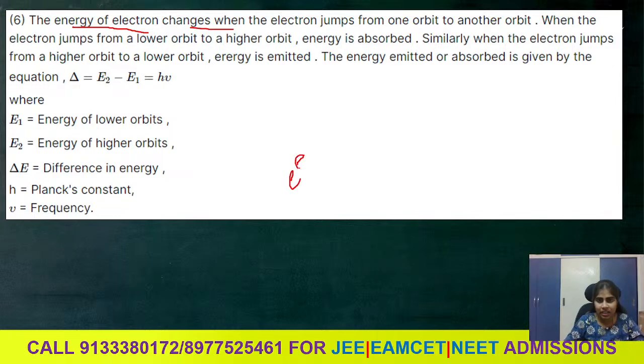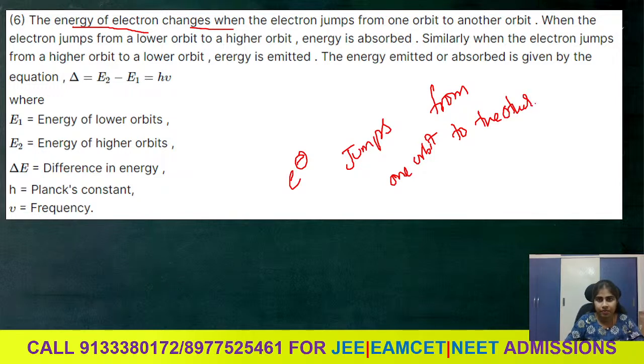When the electron jumps from one orbit to the other, there is a change in the energy. It means either energy is absorbed or released. When the electron jumps from a lower orbit to a higher orbit, it means 1 to 2, what happens here? Energy is absorbed.